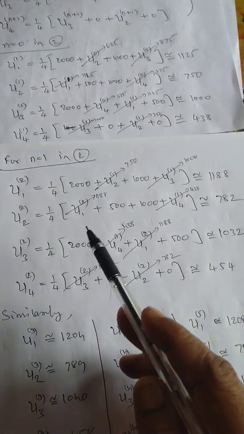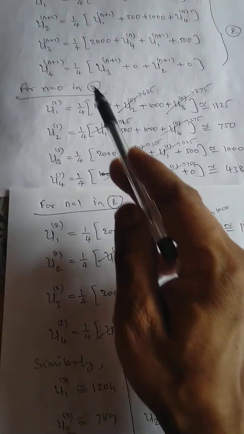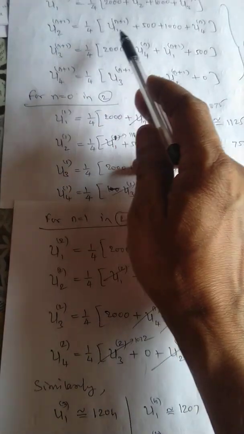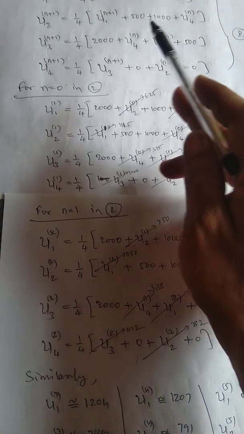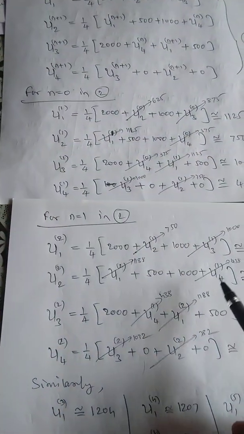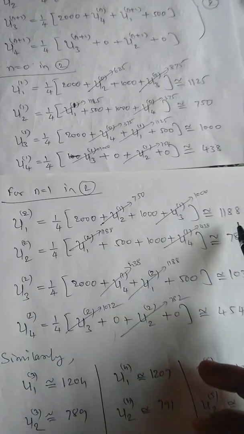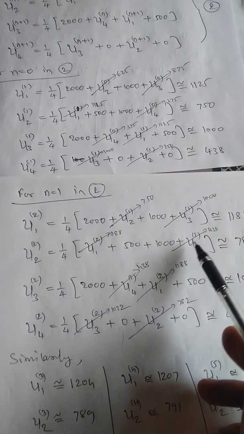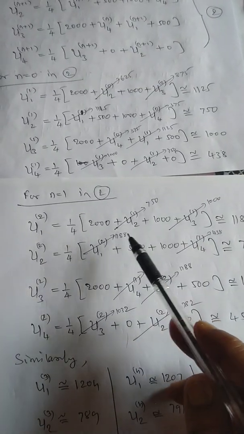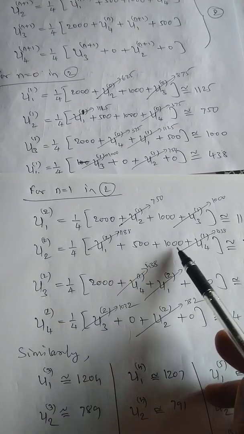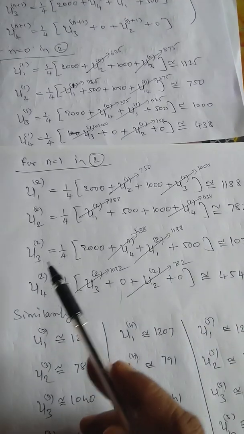U2(2) is equal to 1/4, and in U2(n+1), n equal to 1: U1(2) plus 500 plus 1000 plus U4(n), that is U4(1), and U1(2) is 1188 plus 500 plus 1000, U4(1) is 438. So 1188 plus 500 plus 1000 plus 438 whole divided by 4 is equal to 782.